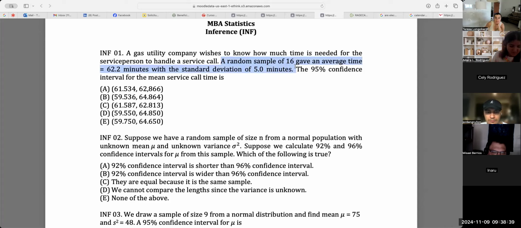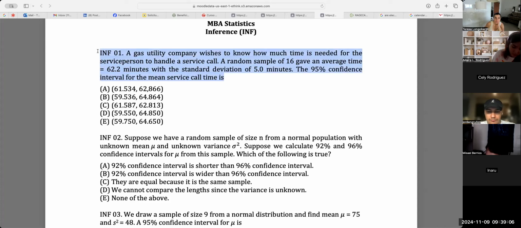They gave me the results of the sample. They gave me the sample results. So this one is X bar, and this one is S, not mu, sorry, not sigma, the population standard deviation. They gave me S. All right. That is why we have to use 6.